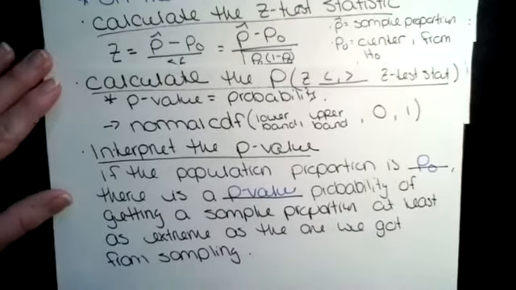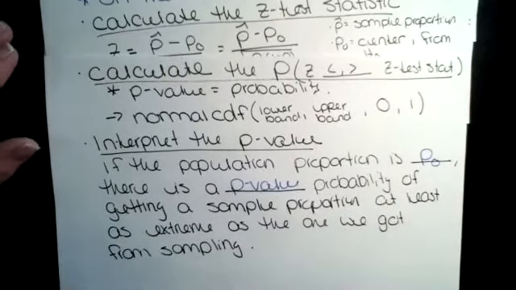Okay, so the same meaning. It's the probability of getting another sample that far away from my center as I did from my original sample.